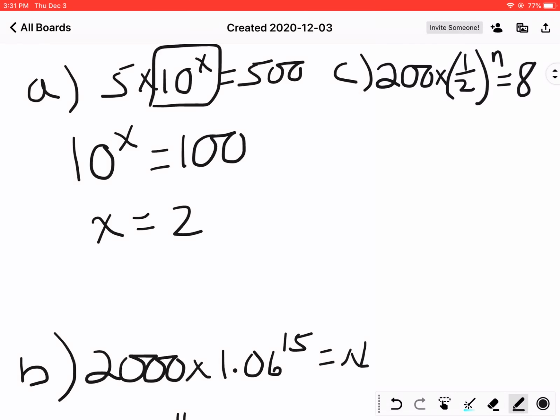In the second one, we have 200 times 1/2 to the exponent n equals 8. Again, I'm going to get this by itself. I'm going to divide both sides by 200.